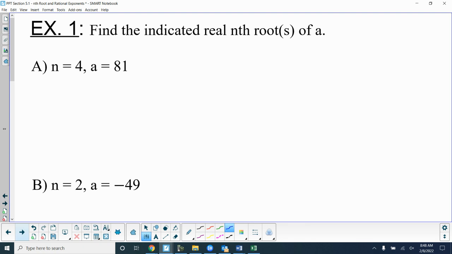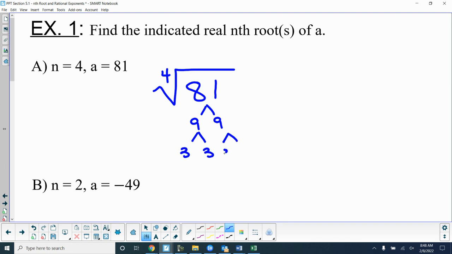All right. So find the indicated real nth roots of A if there's more than one. So this is asking us to do the fourth root of 81. So just do what we did in the past. Do a factor tree. But since it's fourth root, I'm looking for a group of how many? 4.